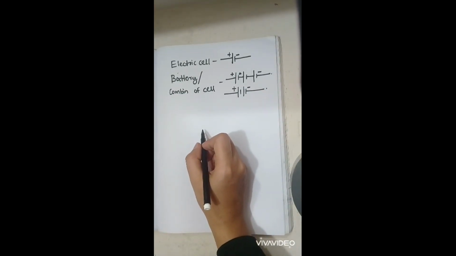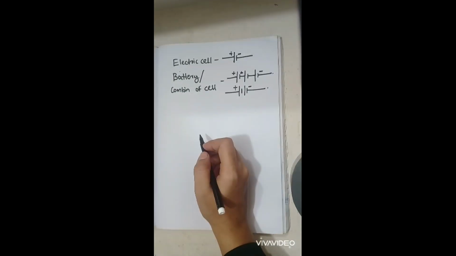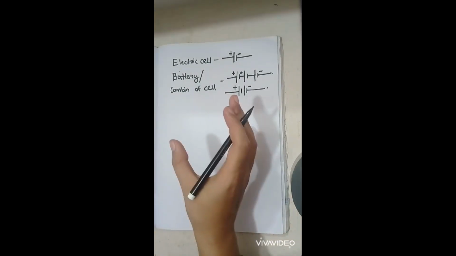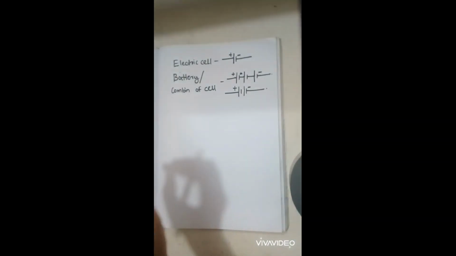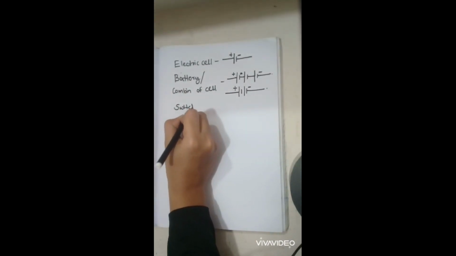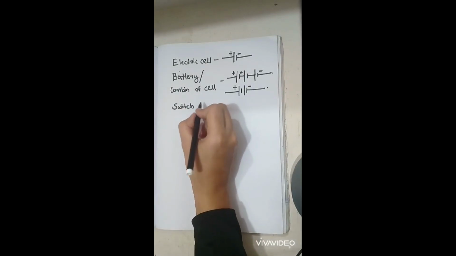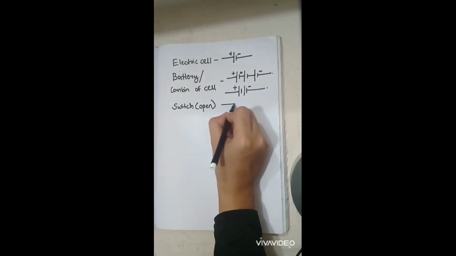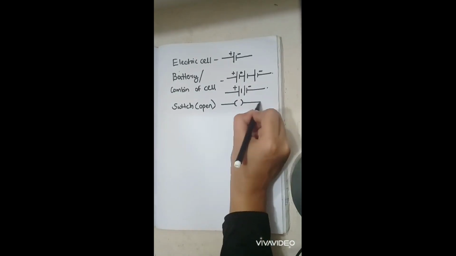Then the plug key or switch, and the switch is on and off. First, switch open means it is not connected, that is, the switch is off. We can call it a plug key also. Switch open means it is not connected, that is, the current does not flow.